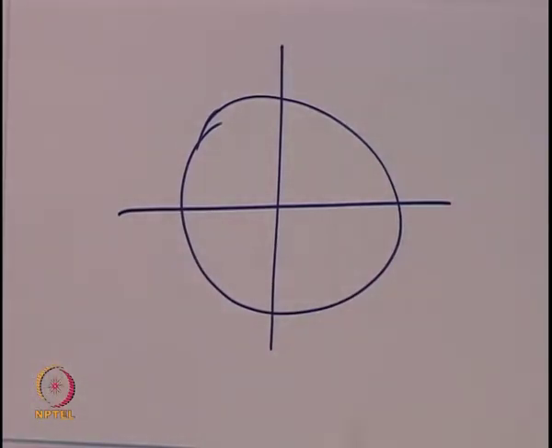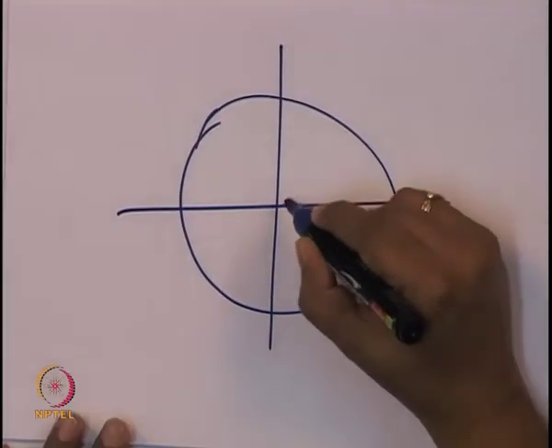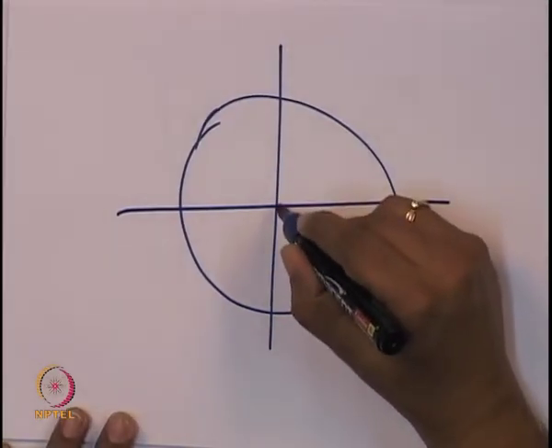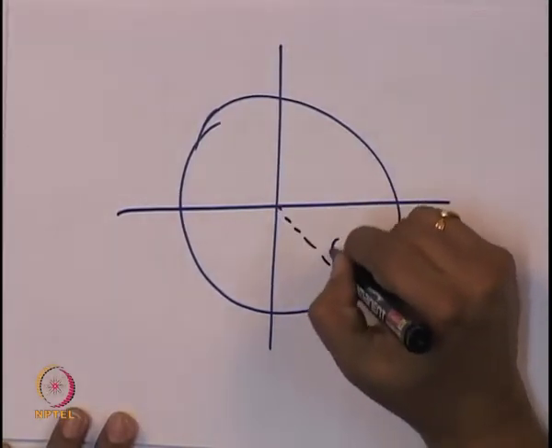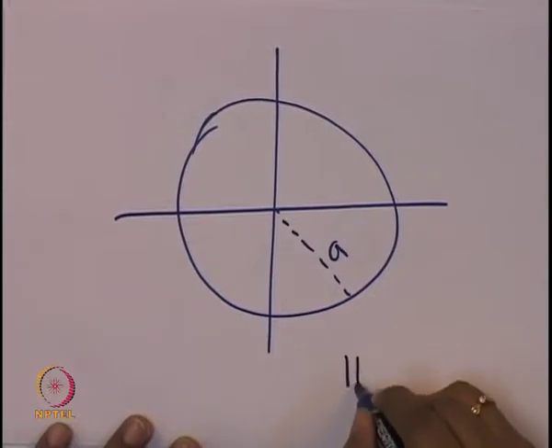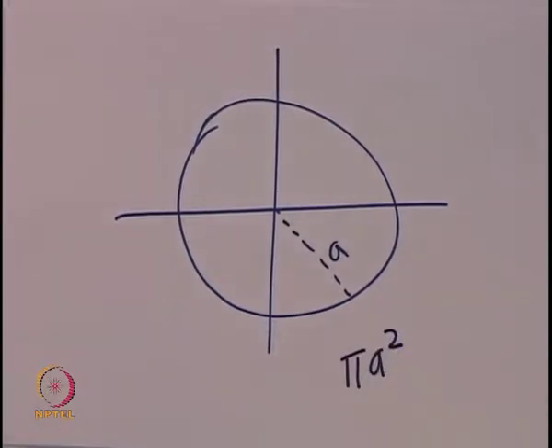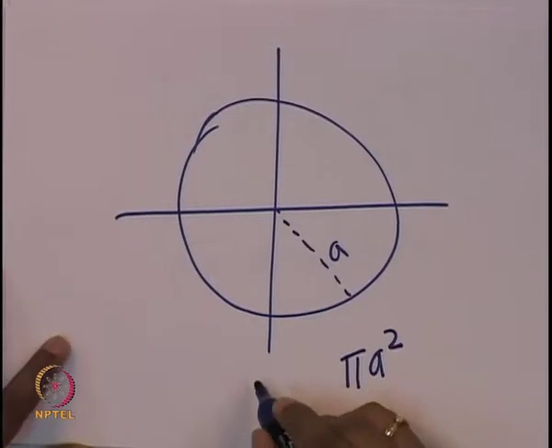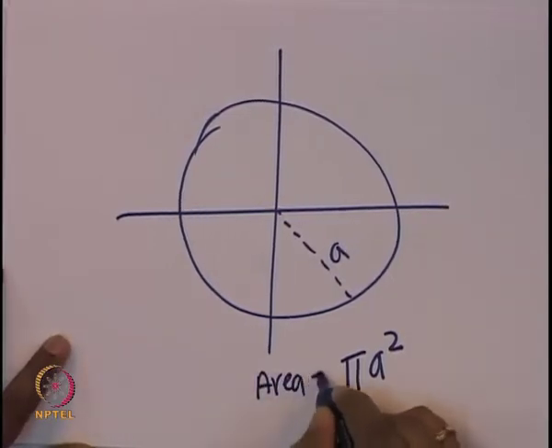Let us say you have a circle of radius a. Then we already know that the area of this circle is pi r square, which is pi a square.